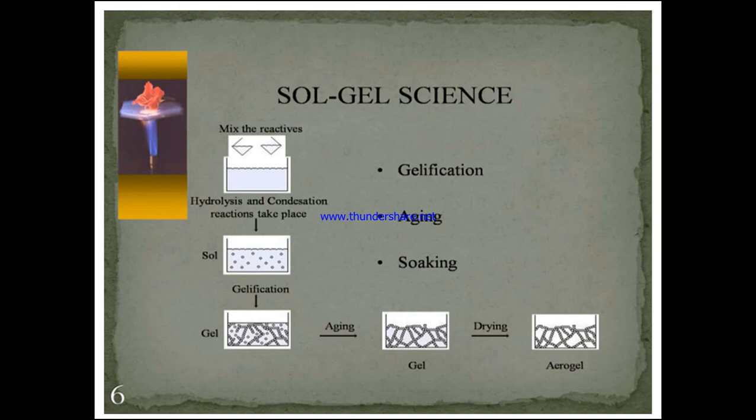The sol is a metal hydroxide. Sol is nothing but the metal hydroxide. This metal hydroxide is not soluble in water, so we call this a colloidal suspension. Why we call the sol a colloidal suspension is because it will not dissolve in water.